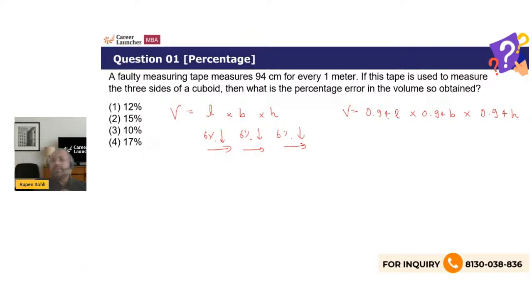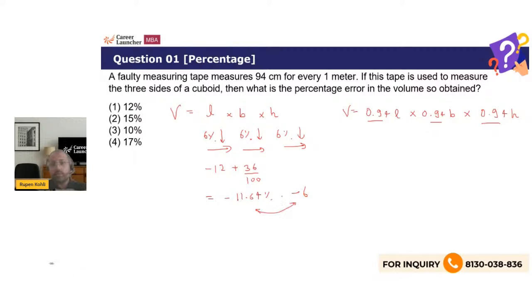Because that is effectively what is happening. So minus 6, minus 6, minus 6 successive change, and apply the formula a plus b plus ab by 100. So minus 6 plus minus 6, which is minus 12, plus minus 6 into minus 6, which is 36 by 100, which is minus 12 plus 0.36, or minus 11.64% is the effective change of two. And then you still have one more minus 6 to deal with.